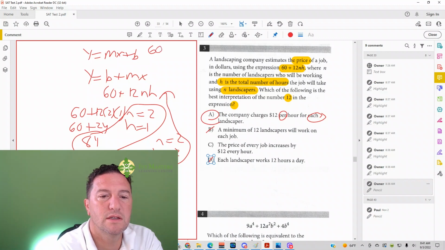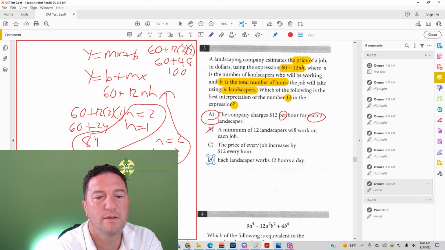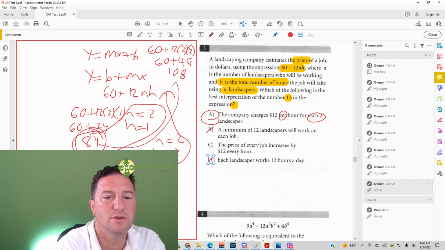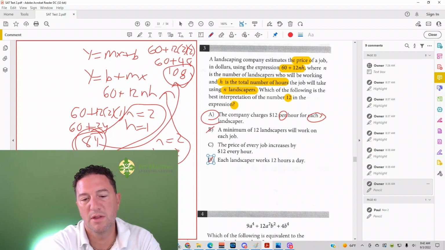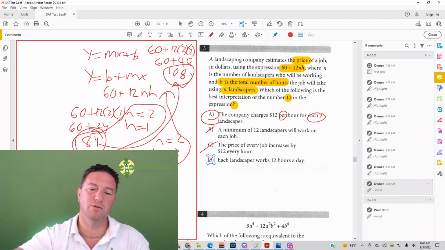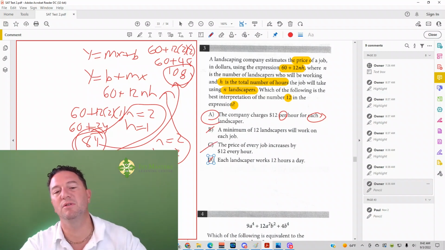You've got 60 plus 12 times 2 times 2, and you wind up with 60 plus 48. You wind up with 108. And so what we did is we went from $84 to $108. So the price of that job is not increasing by $12. So again, you know the answer is A.